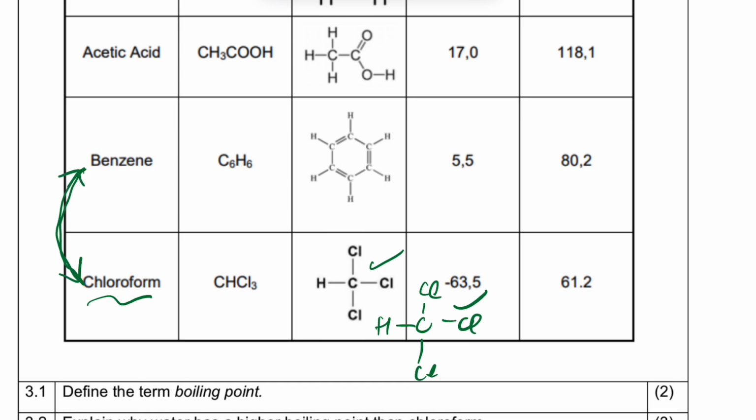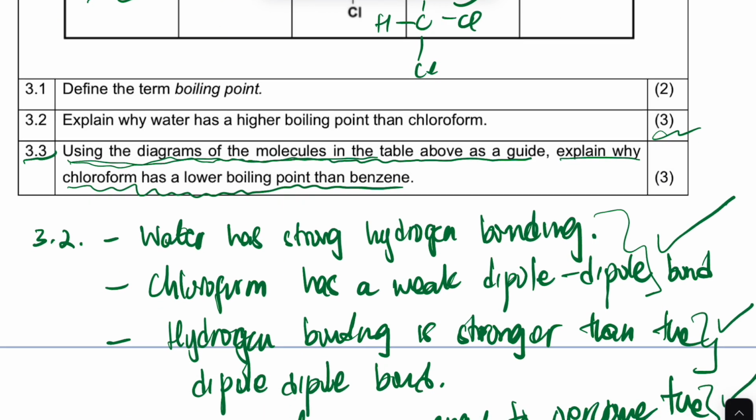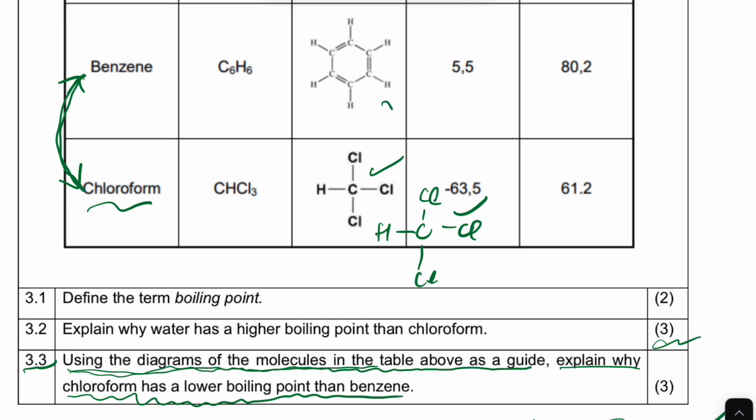The first thing, as well, you need to talk about their intermolecular force. Remember, this one is London and this one is a dipole. But according to their melting point and boiling point, this one is stronger, even though it's London. What makes it stronger is the surface area.